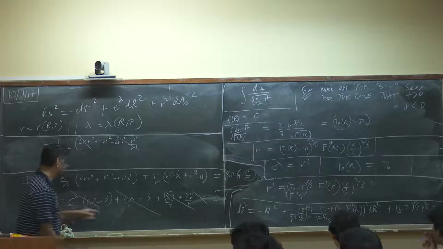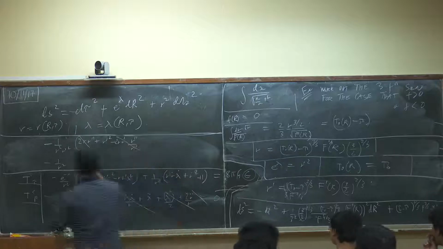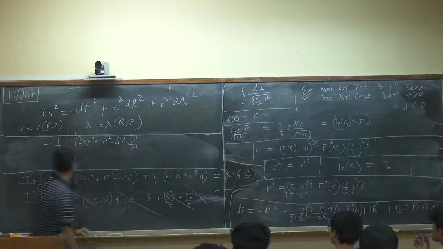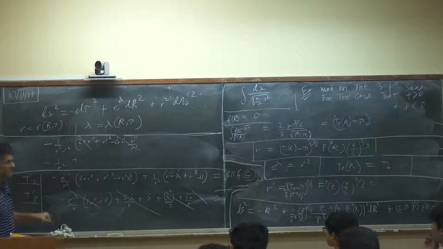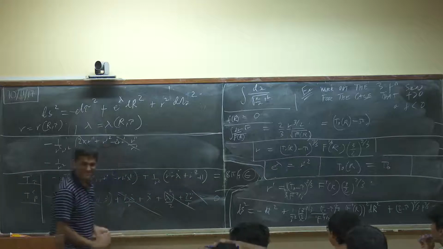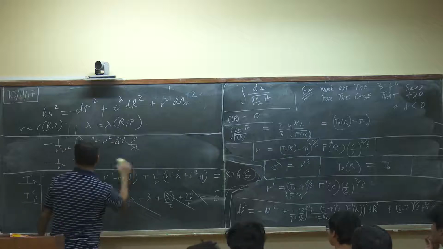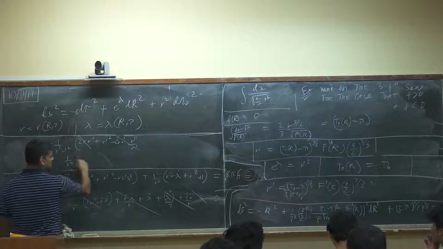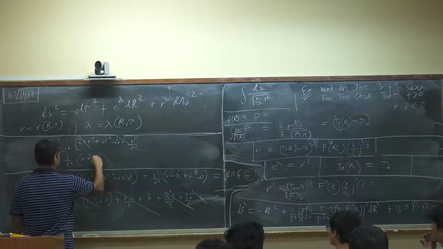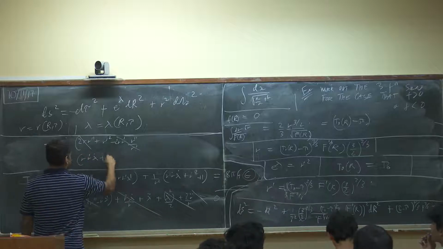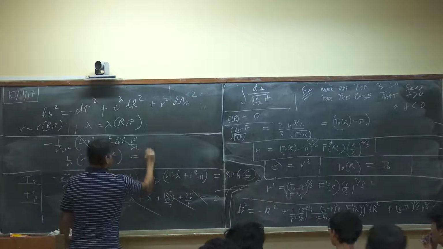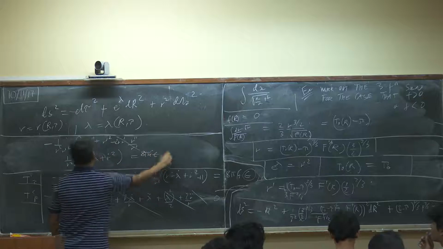Now let's get the second term. It's plus 1 by r squared, so the minus 1 by r squared cancels that. What remains is 1 by r squared, r dot lambda dot plus r dot squared, equal to 8 pi G epsilon.